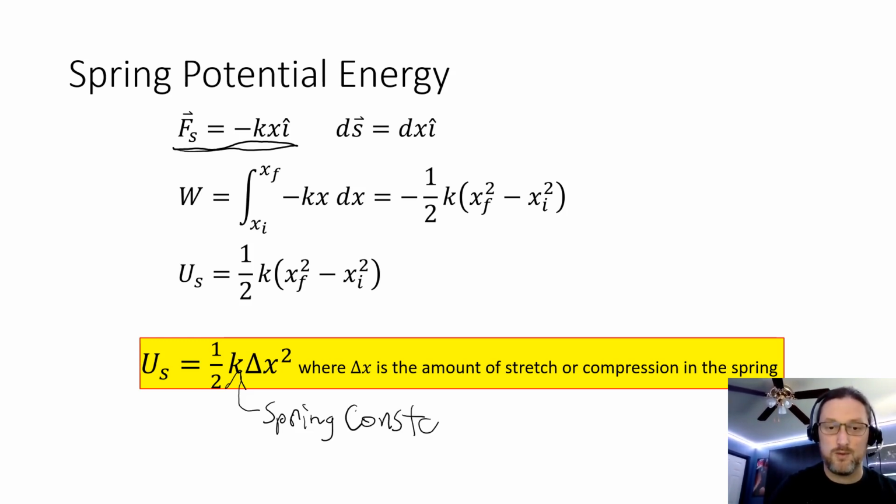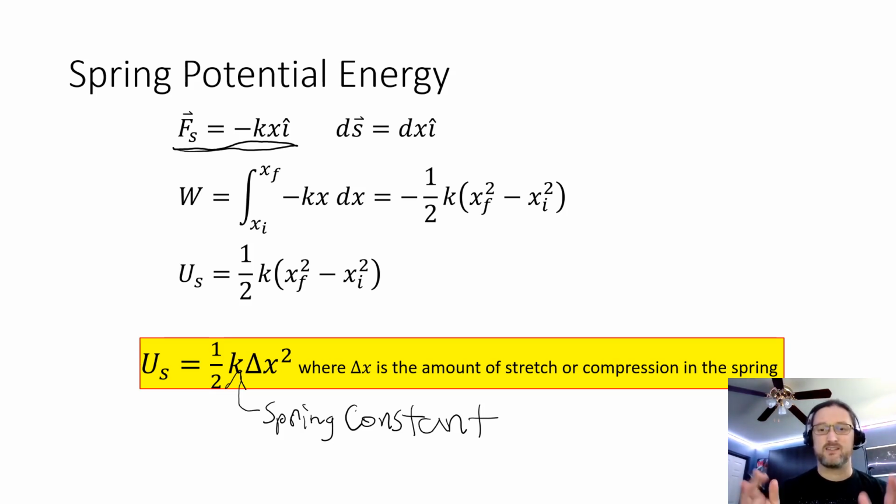in newtons per meter, right? Times delta x squared. Delta x is the amount of stretch or compression. And you notice, since I'm squaring that, it really doesn't matter whether I stretched it out and made it more positive x or squished it down and made it more negative x. I'm squaring it so positives and negatives go away, right? And I end up with this amount of energy stored in the spring. That's a really good way to think about spring potential energy.